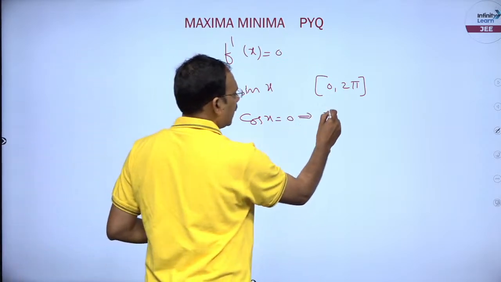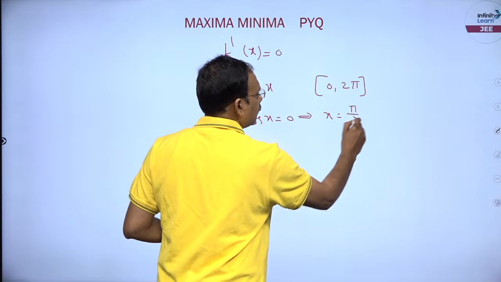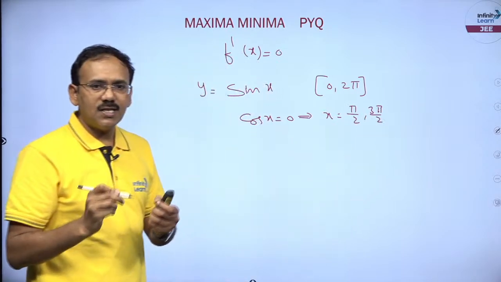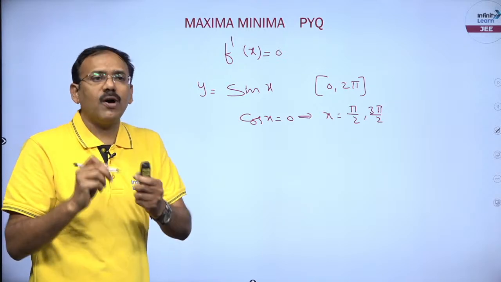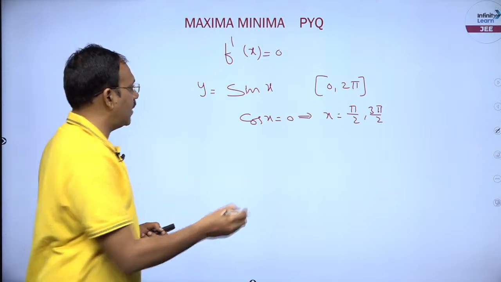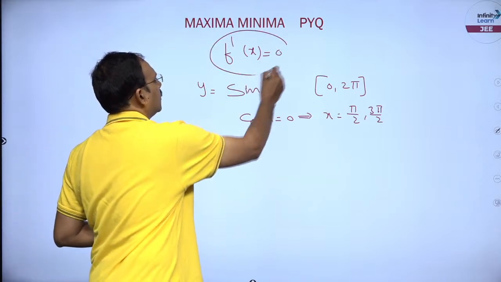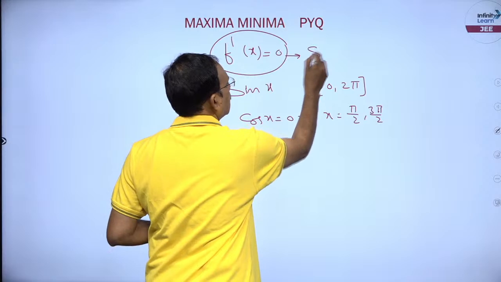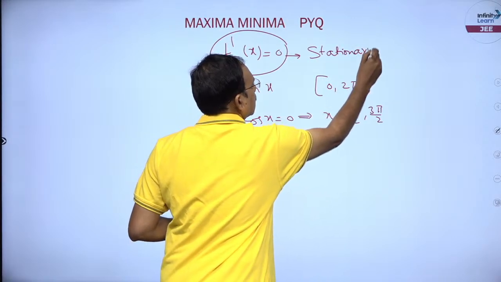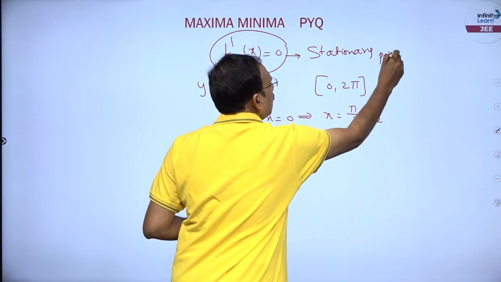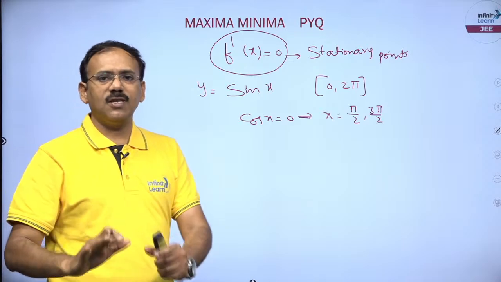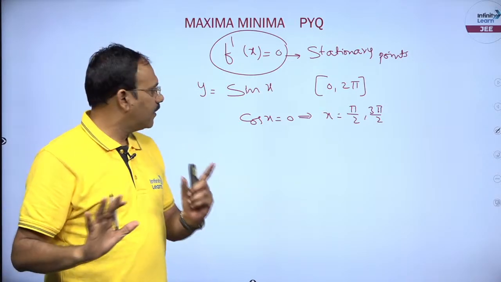In this interval, x can be pi by 2 as well as 3 pi by 2, right. So, stationary points are those points of the domain where the first derivative becomes 0. These are called stationary points. Don't worry much, simply stationary points means first derivative 0, that is all, right.